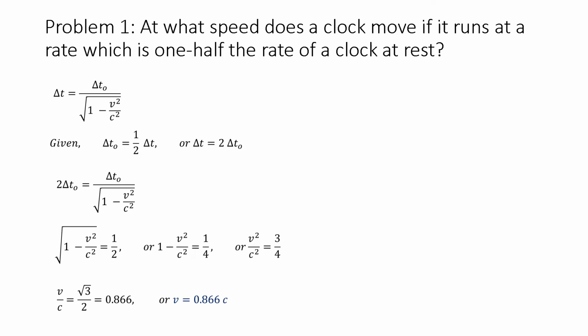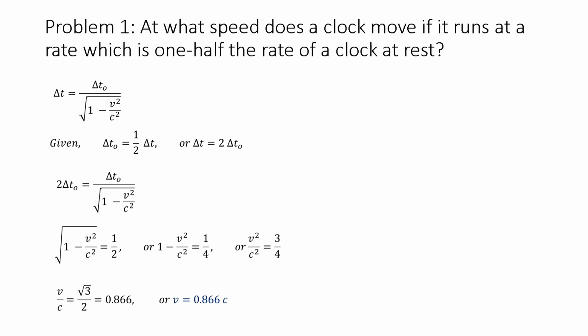You can see that we require the time dilation formula. In the time dilation formula, delta t naught is smaller than delta t if v is not 0. And from the problem, we find delta t naught is half of delta t, or delta t equals 2 times delta t naught. We substitute that, and from that we find that square root of 1 minus v squared by c squared is half.